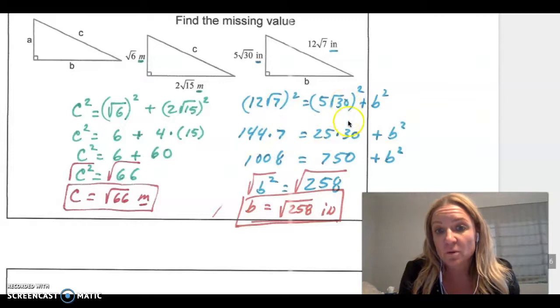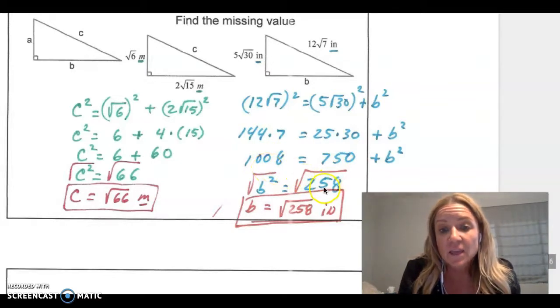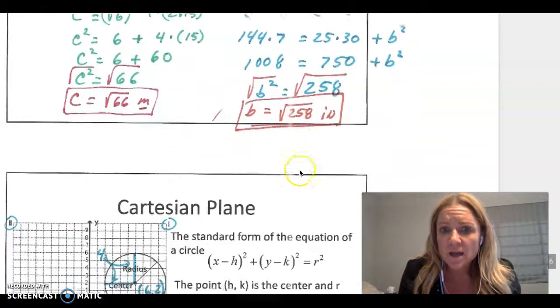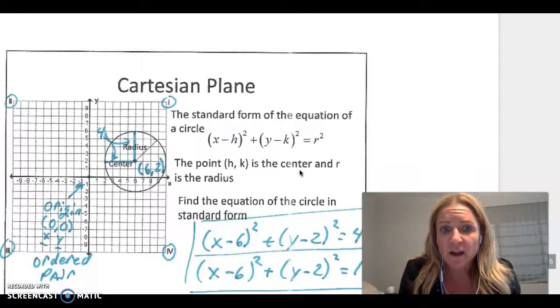Square root of 30 times square root of 30 is 30. So order of operations says we need to multiply here and multiply here. So that's a pretty big one with the 1008 and 750. So you subtract the 750 from both sides and you get 258. And we're going to leave it as that simplified radical.